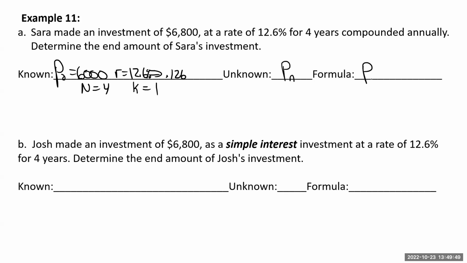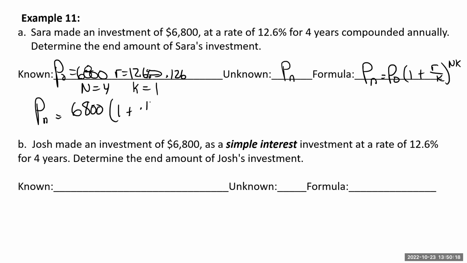All right, so we're using the formula P sub n is equal to P sub 0 times 1 plus r over k to the nk, the compound interest formula, because they gave us a number of compounds. So P sub n, or P sub 4 here, is equal to 6,800 times 1 plus 0.126 over 1 raised to the 4 times 1 power.